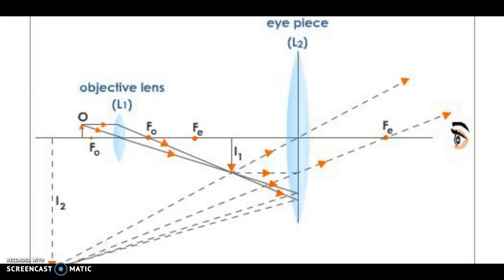When making the compound microscope, since it's compound, you should have 2 lenses, shown here in this diagram: the objective lens, L1, and your eyepiece lens, L2. Then you want to place your object between 1 and 2 focal lengths away from your objective lens.